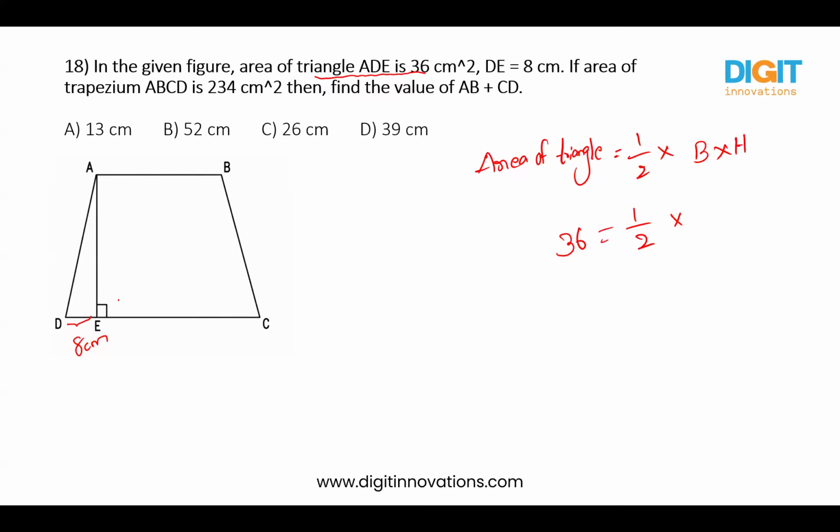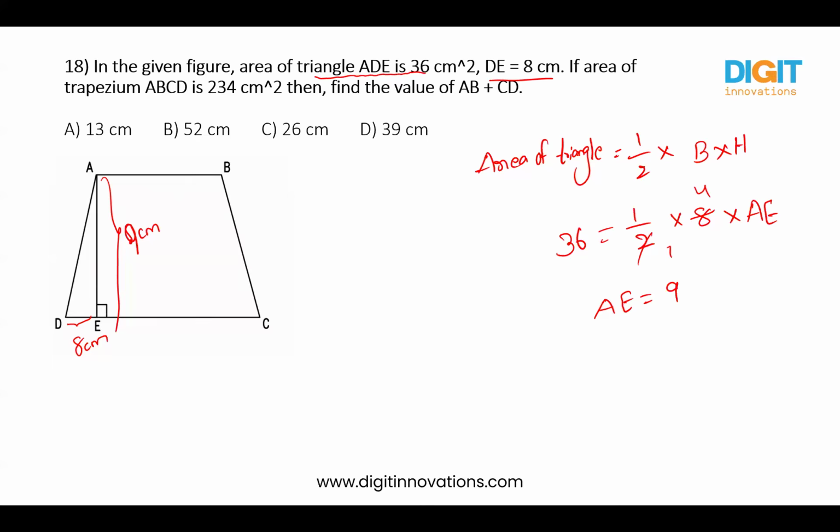And base, you know, base value which is DE, it is 8 into, and height which is AE. So 4 I will take this side. So AE equal to 9. So the height of the trapezium is 9 centimeters.